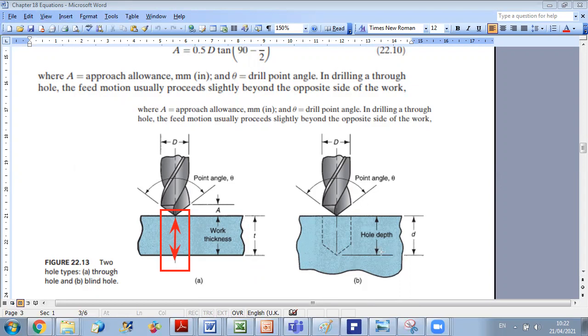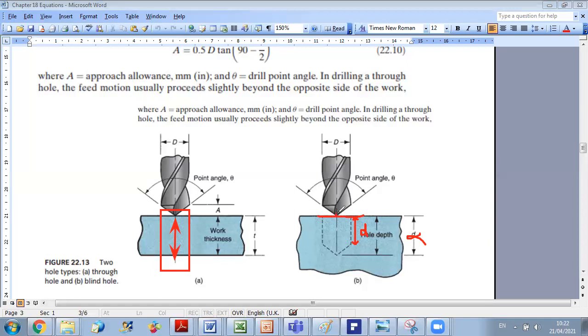Please pay attention here. The hole depth should be defined. There is a mistake in the figure here. The hole depth is defined just until here. We will see why. D represents this distance, because already D is counted from this position, from when the point of your drill is on the work part.